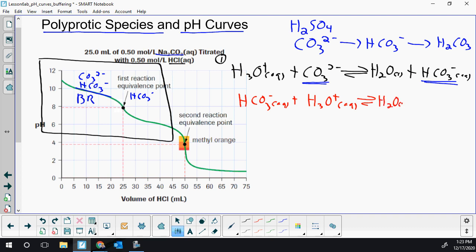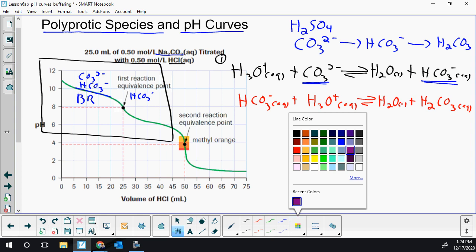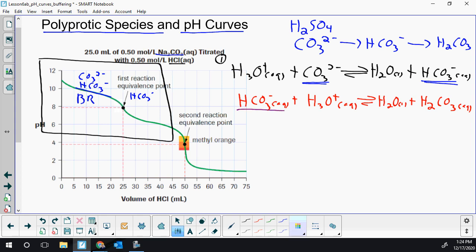The H3O+ makes another water, and the HCO3- picks up a second H, making H2CO3. Now that reaction doesn't kick in until we've made hydrogen carbonate. So let's see when that occurred. We can't have this reaction with that purple underlined chemical until it first is made in large quantities, and that's the equivalence point, and after it is when we see large quantities of that second chemical.